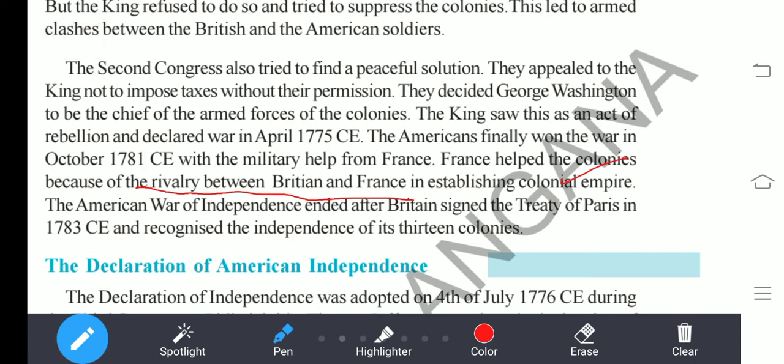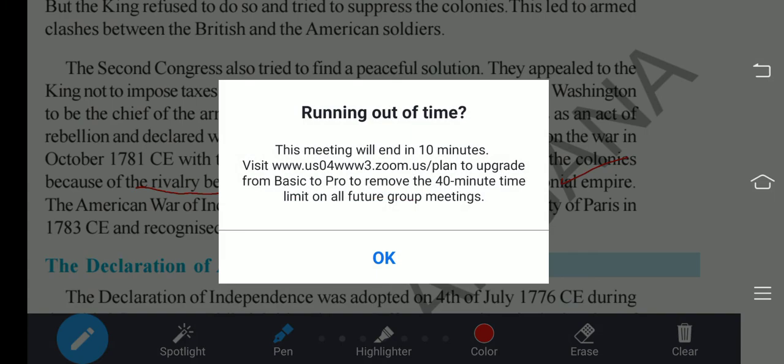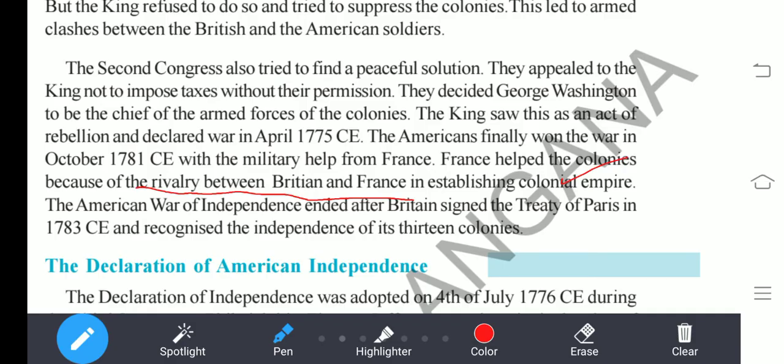In that competition, Britain treated France as an enemy, and France also treated Britain as an enemy. So to defeat Britain, France supported America. Understand? The enemy of an enemy becomes a friend.